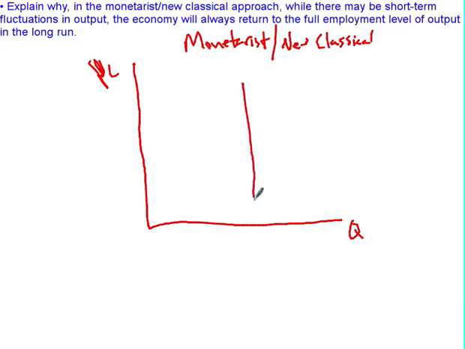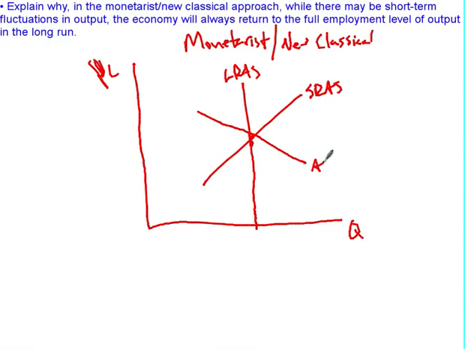And so we'll use this graph, long-run aggregate supply and short-run aggregate supply. And let's pretend that intersects there, and aggregate demand. So let's say that, all right, here's our YF, and this is our equilibrium price level, so P1.